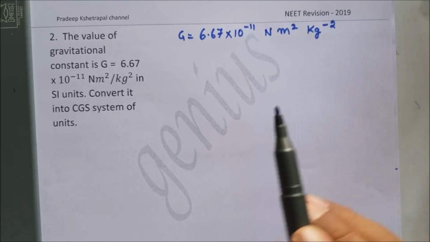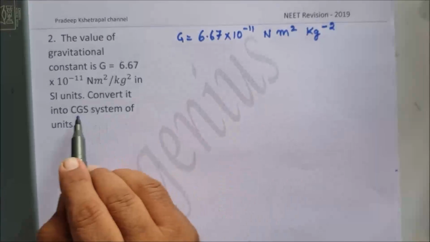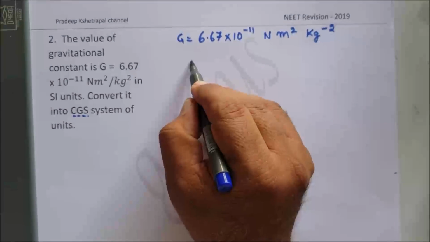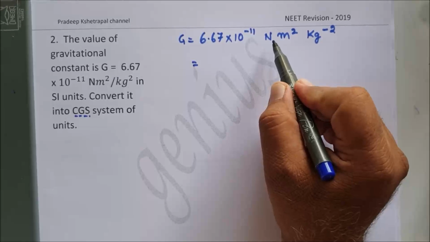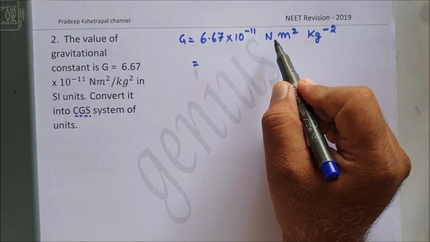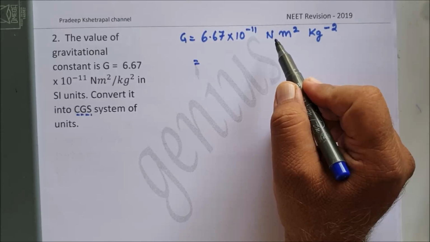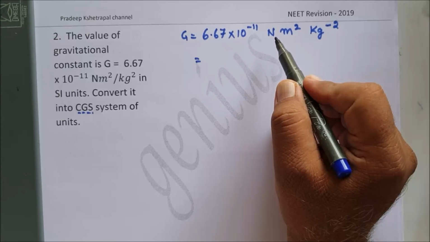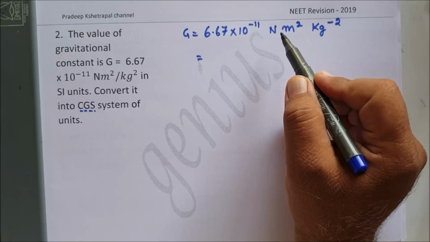Okay, so this we have to convert to the CGS system. In the CGS system, in place of the force unit Newton, we have the unit dyne. And the Newton to dyne conversion we have already done. We should know it, that is equal to 10 to the power 5.